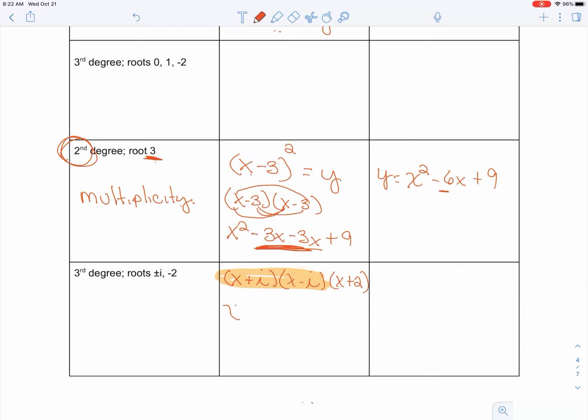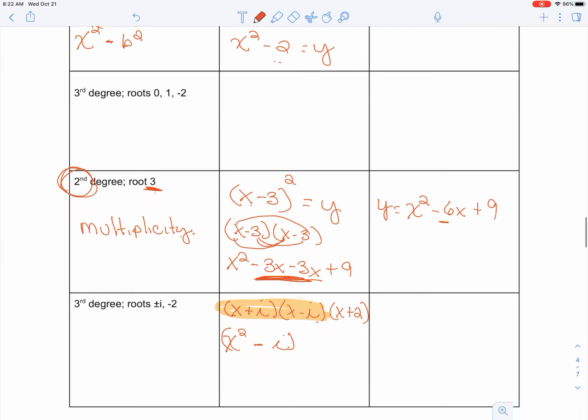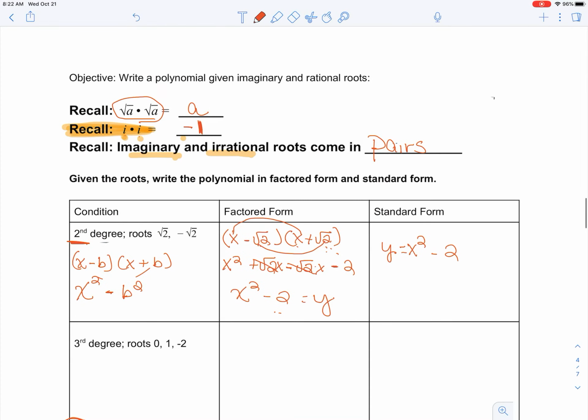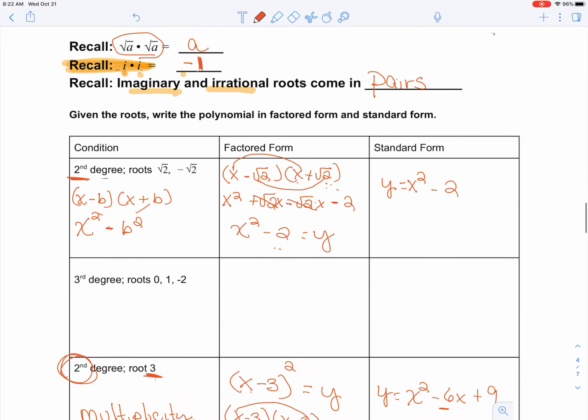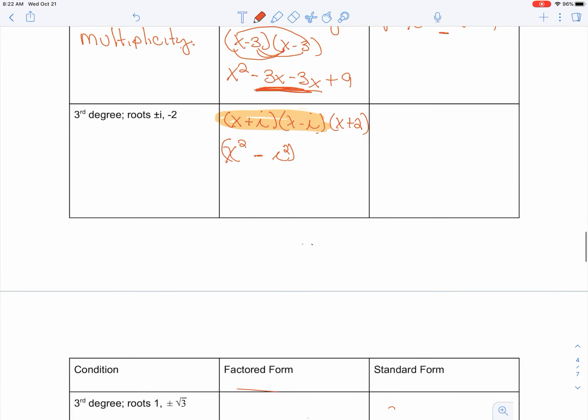It's easier to multiply your conjugates together first, because when I multiply them, I remember I multiply the first and the last. So I get x squared minus i squared. And so from what we learned up here, i times i is -1. So this is going to be x squared minus -1, which makes that x squared plus 1 times x plus 2.